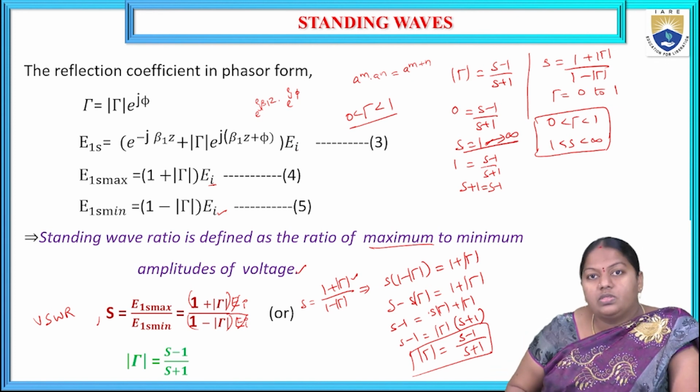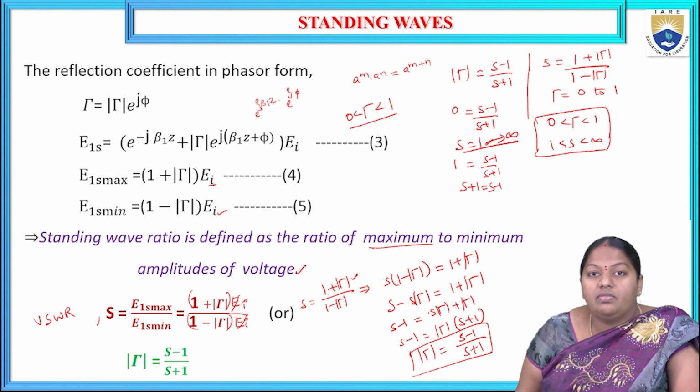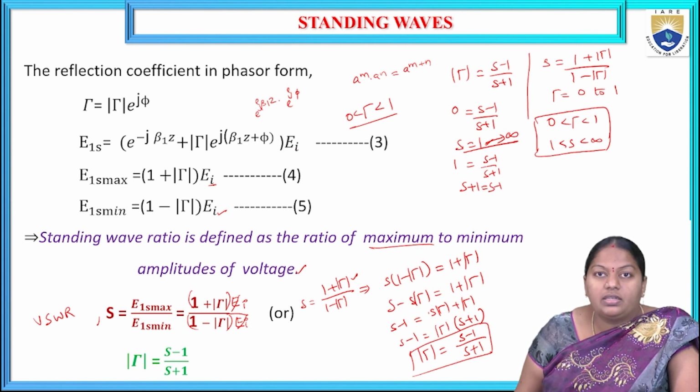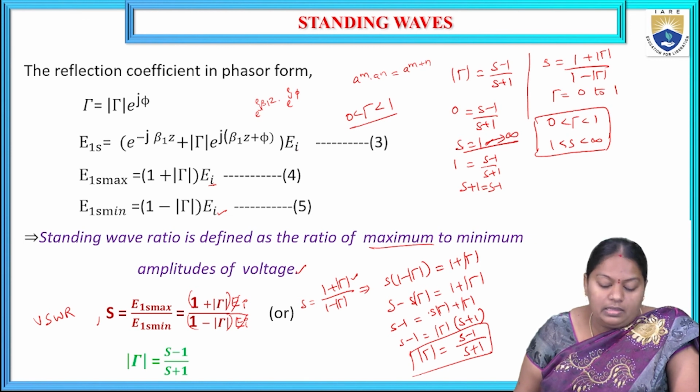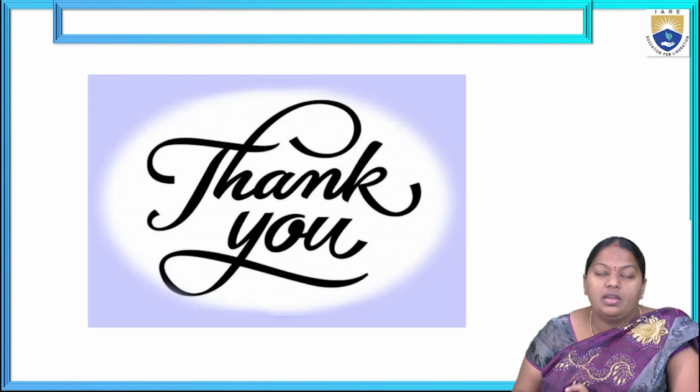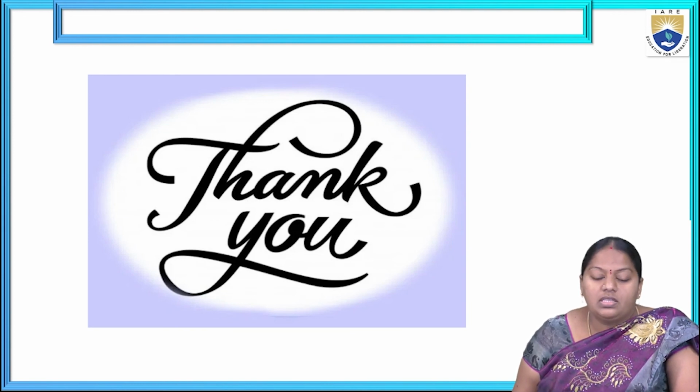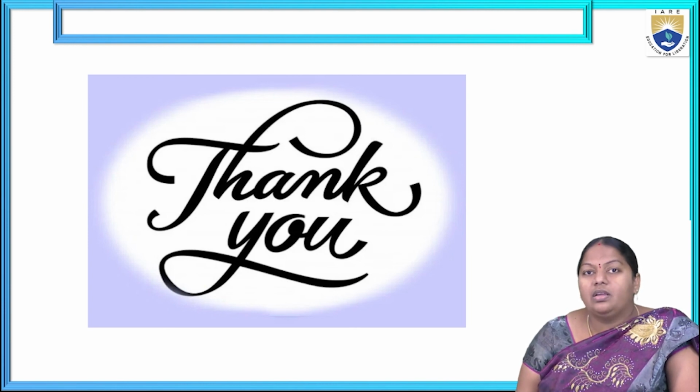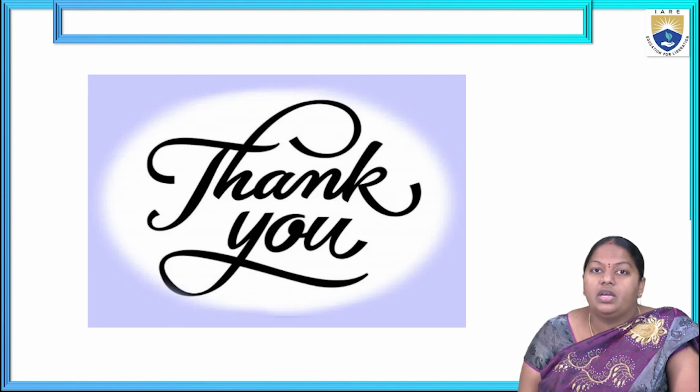They are formed by the combination of two traveling waves, the incident wave and the reflected wave. The standing wave ratio is denoted with S, and its range is from 1 to infinity. What we have learned in this lecture is that, from normal incidence at a plane conducting boundary, we have derived the equation for the voltage standing wave ratio.